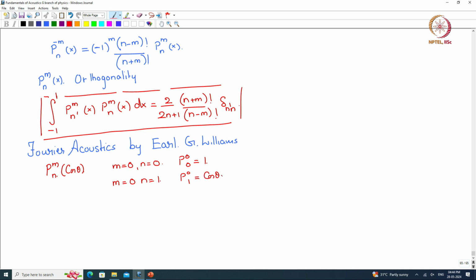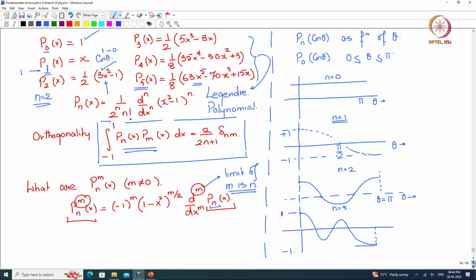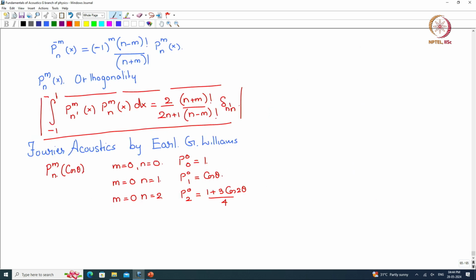If m is 0 and n is equal to 2, it was 3x square minus 1 by 2. So after simplification this is going to look like 1 plus 3 cos 2 theta upon 4.